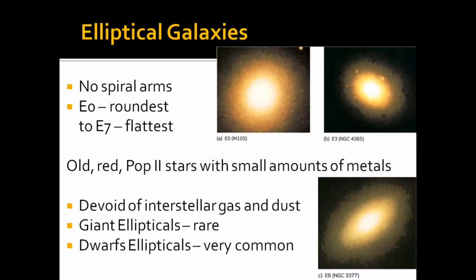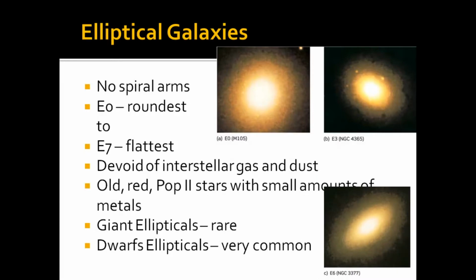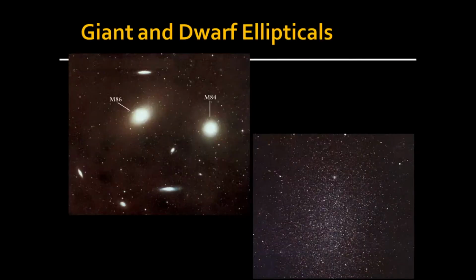In fact, these dwarf elliptical galaxies are sometimes so thin that you can see straight through them. Here are some examples of giant elliptical galaxies on the left, and the dwarf elliptical galaxies on the right are just tiny little things.